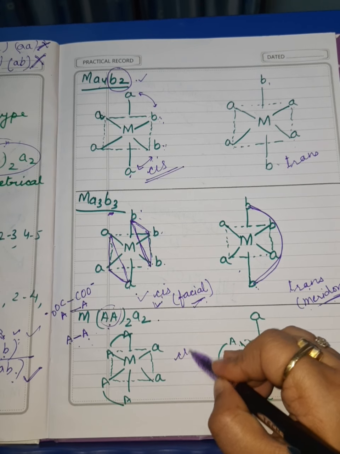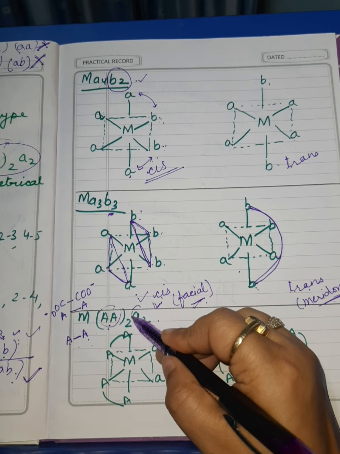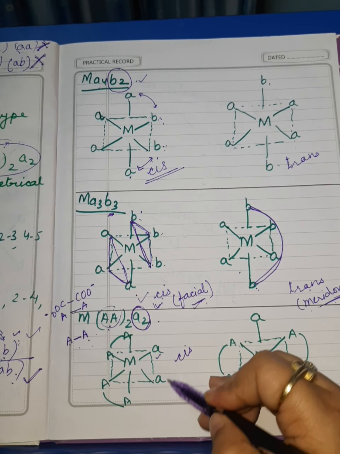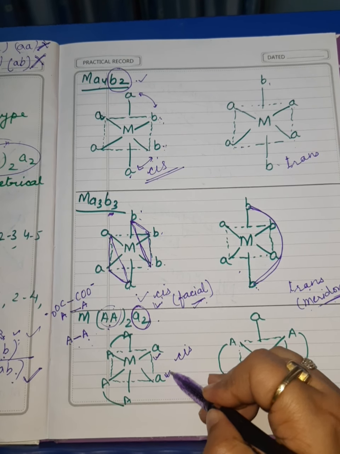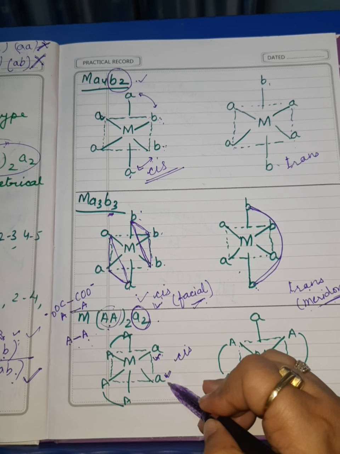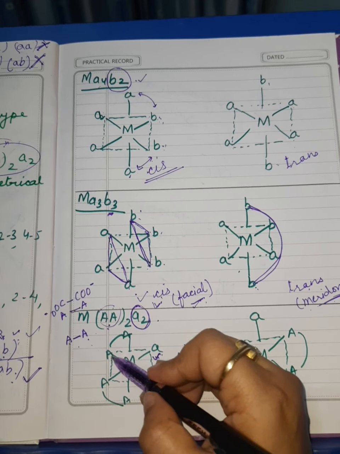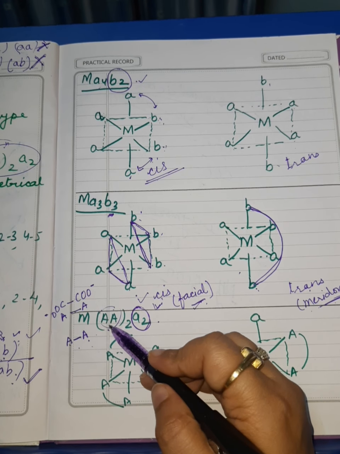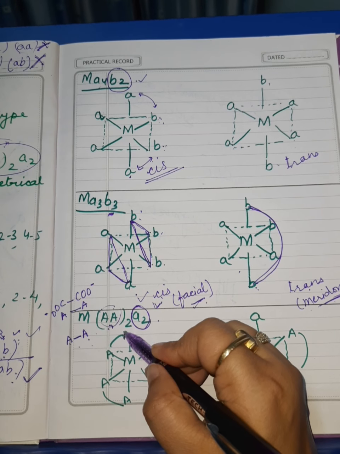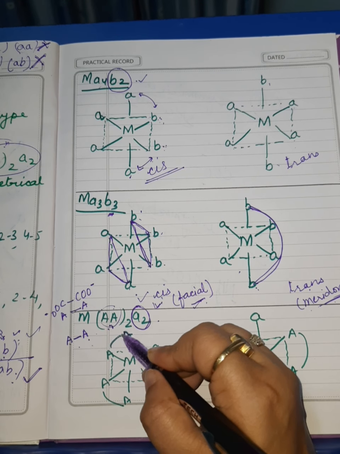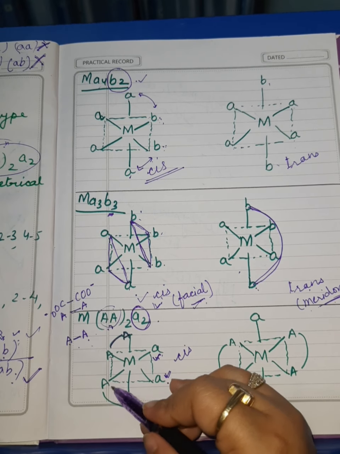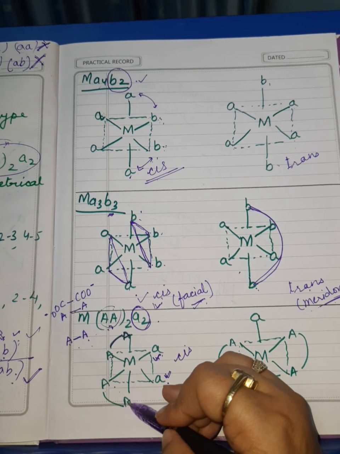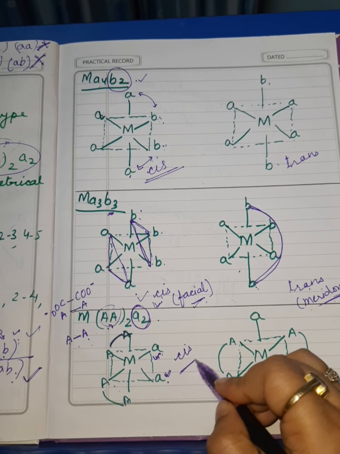In case of cis form, the similar monodentate ligands occupy adjacent positions of the square plane, and the rest of the positions will be occupied by symmetrical bidentate ligands. You can see here, this is one symmetrical bidentate ligand AA, A bonded A, and this is the second symmetrical bidentate ligand. So this corresponds to the cis position.